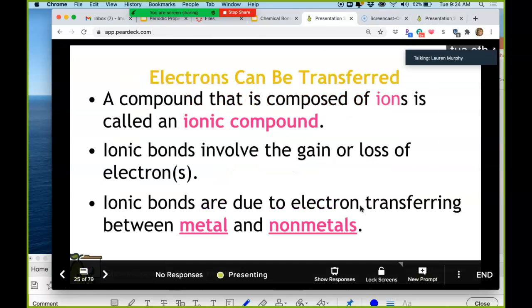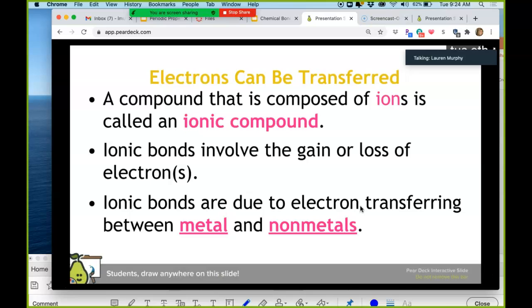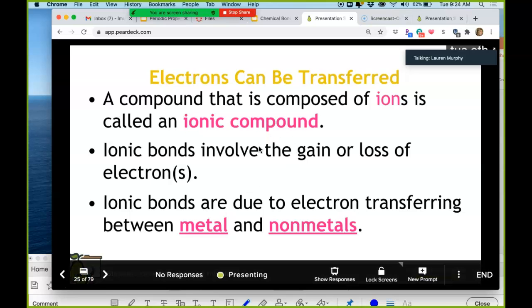So now, for ionic compounds, which we haven't been talking all that much about so far, we'll talk a little bit more about them today. Remember, ionic compounds generally involve metals with nonmetals.